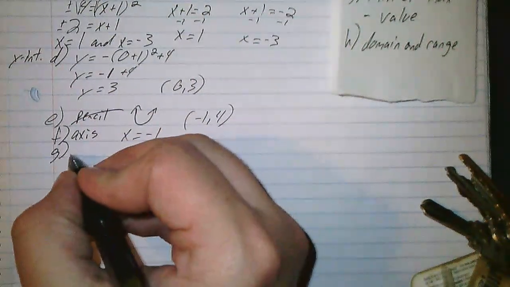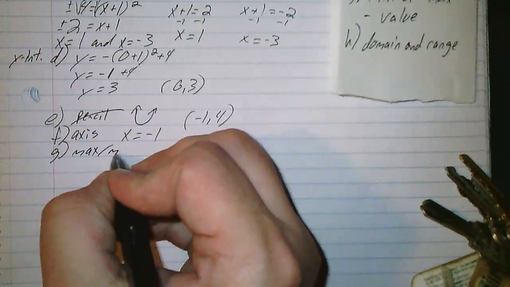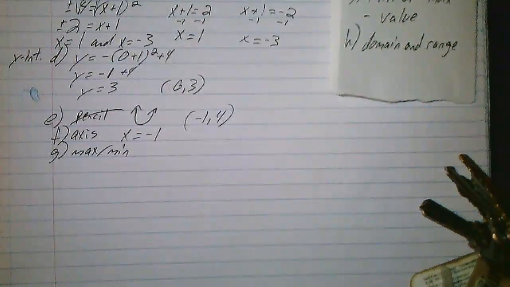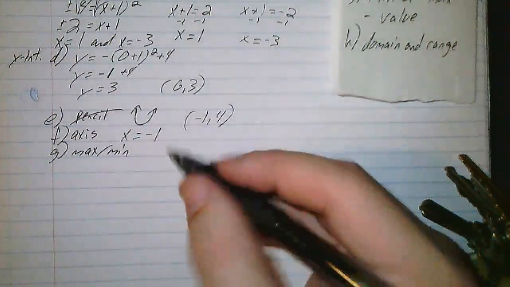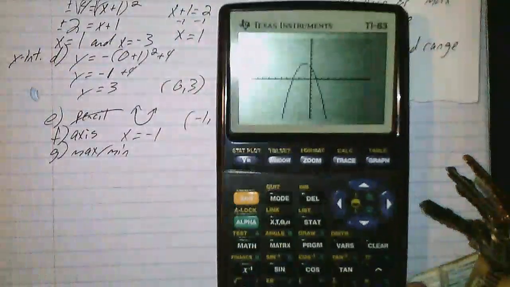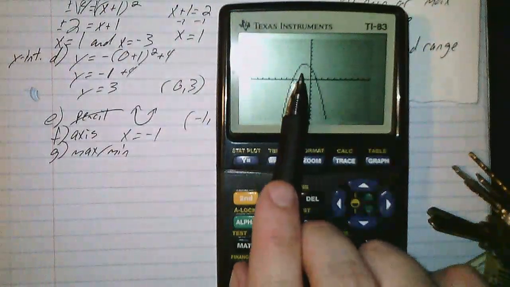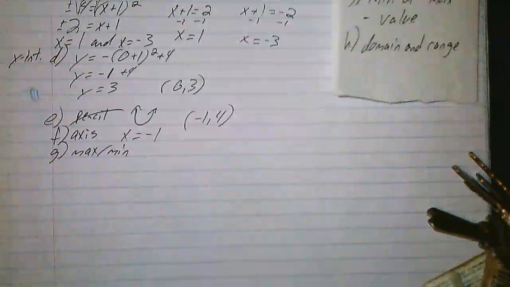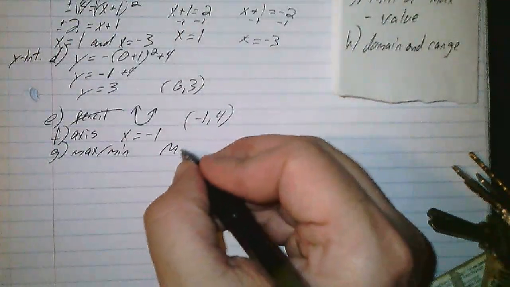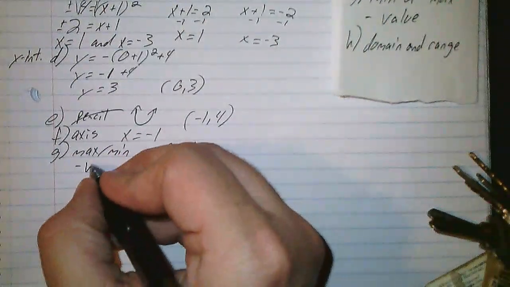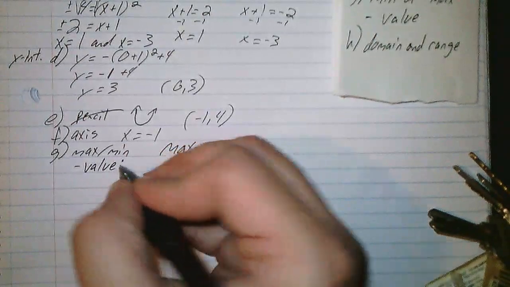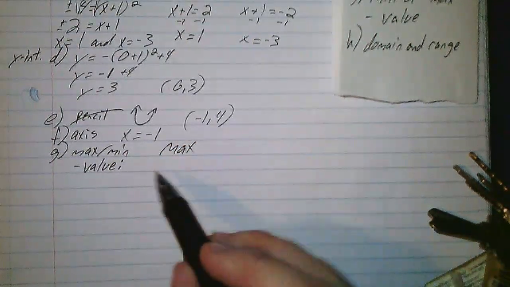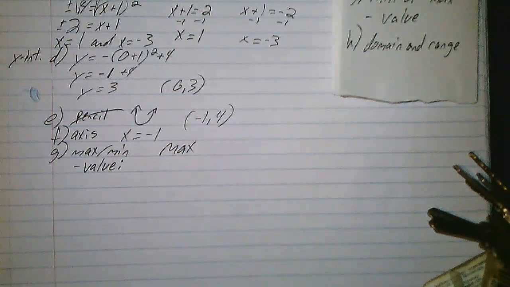G, is there a max or min? Since we open downwards, there is a maximum. So we have a maximum, and then it asks you for the value, which again is the y value of the vertex.